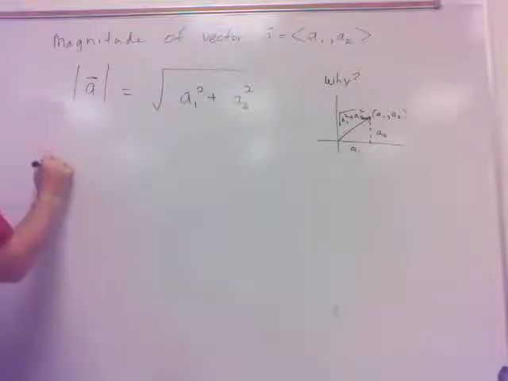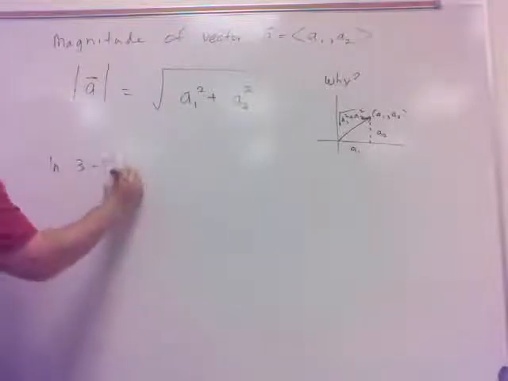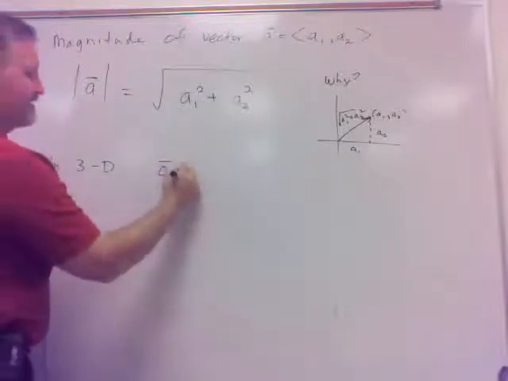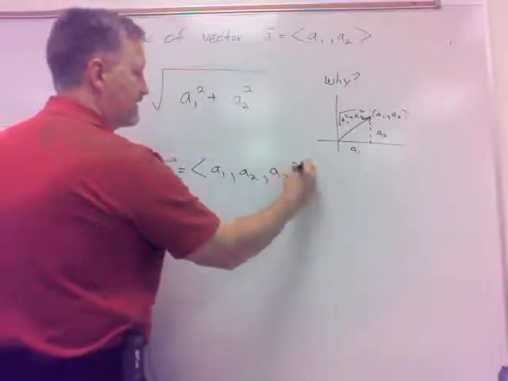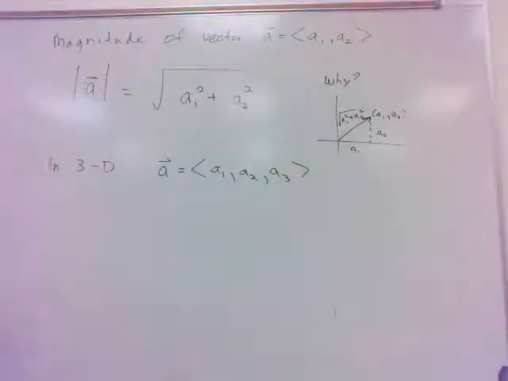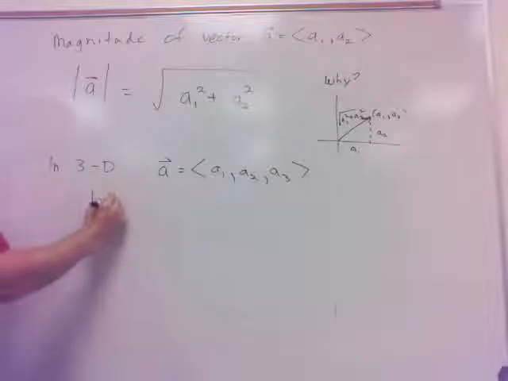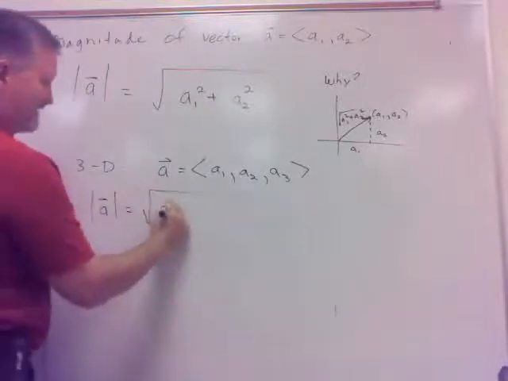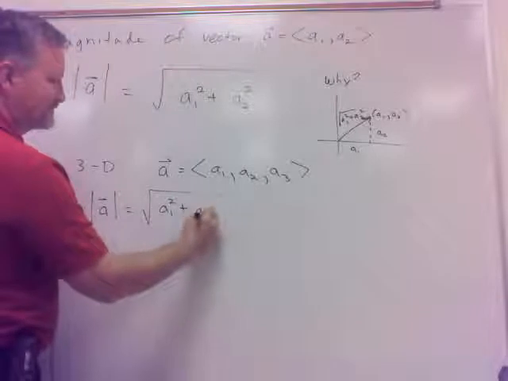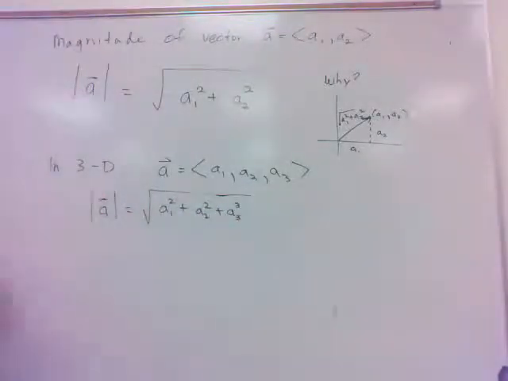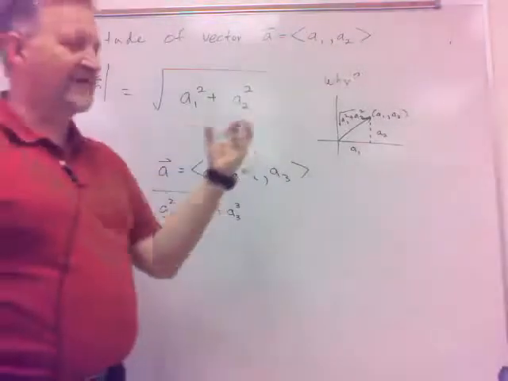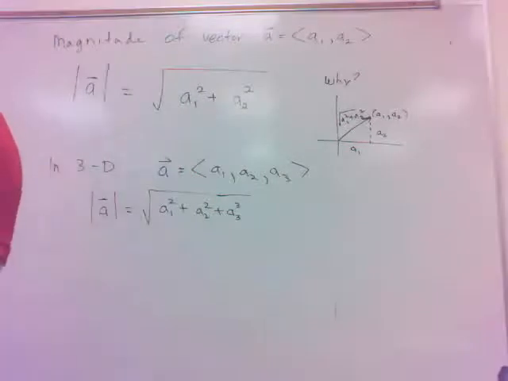What about in 3 dimensions? You got A, then is A1, A2, A3. What's the magnitude of it? It's the square root of all the squares added together, yeah. Pretty nice. It's now a 3-dimensional Pythagorean theorem, if you will, but it works out very nicely.